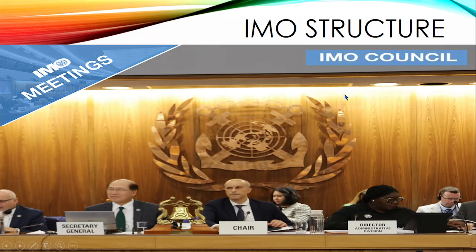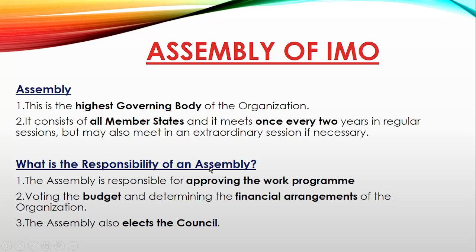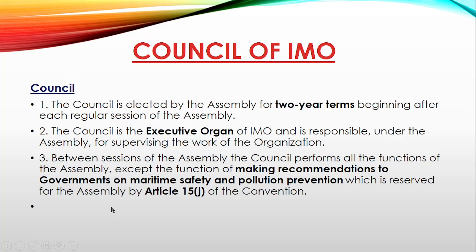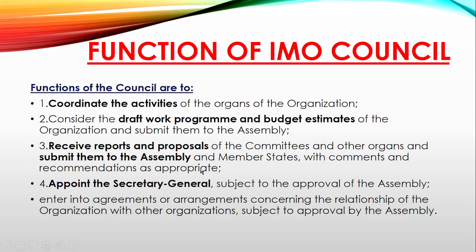As you have seen in the responsibilities, the assembly votes the budget, determines the financial arrangements, and approves the work program. The work program which they approve is given by the council to the assembly, and the budget which they vote on is made by the council and given to the assembly. So the council is the backbone, doing all the work.